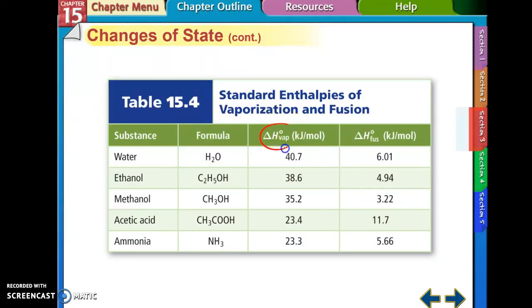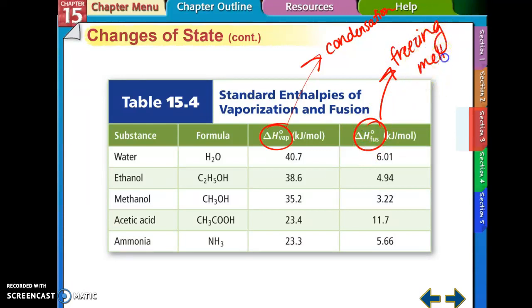One thing to note, vaporization, you're also going to use these values for condensation, because condensation is the opposite of vaporization. Delta H of fusion, you're going to use these for freezing and for melting. And delta H of vaporization, you would use for vaporization. Remember, those are their opposite phase changes.